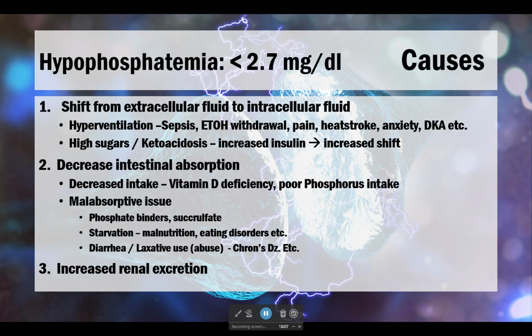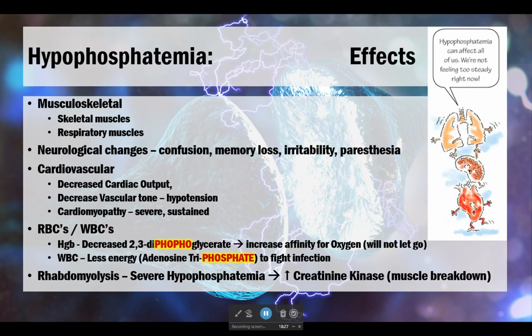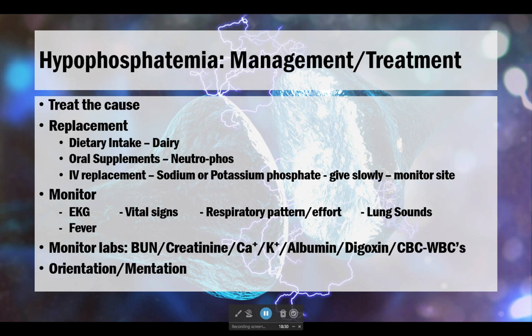If we're not addressing nutrition for intestinal absorption, we can supplement all we want, but we're not going to get there if we're not getting adequate nutrition. If it's a fluid shift issue and we're not addressing sepsis or managing alcohol withdrawal or DKA, we're never going to fix the problem. So we have to treat the cause and then manage the symptoms.